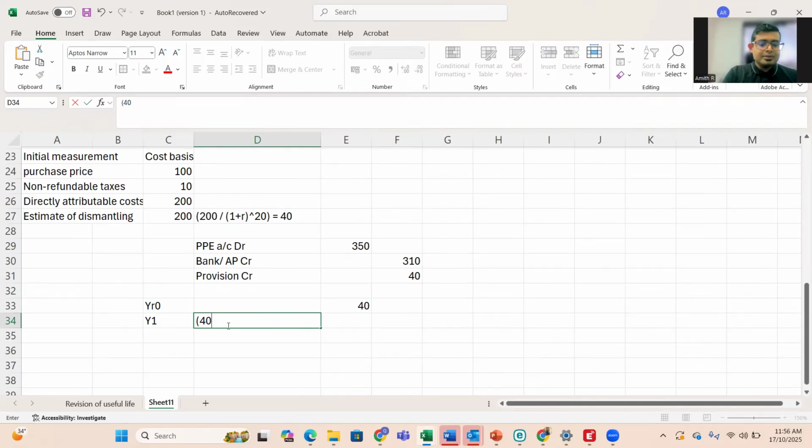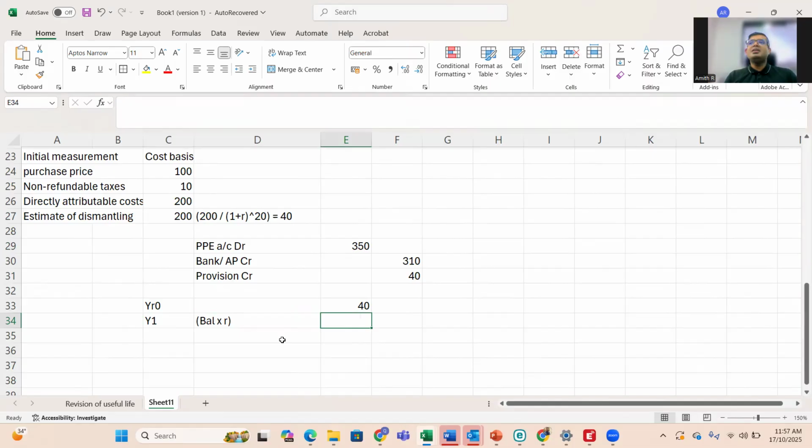Whatever is the balance, I multiply the balance by the discount rate used. So this provision will build up and build up. Every year, whatever is the closing balance of the previous year, I will multiply with this R. And by the time we reach year 20, what will be the value of this 40?